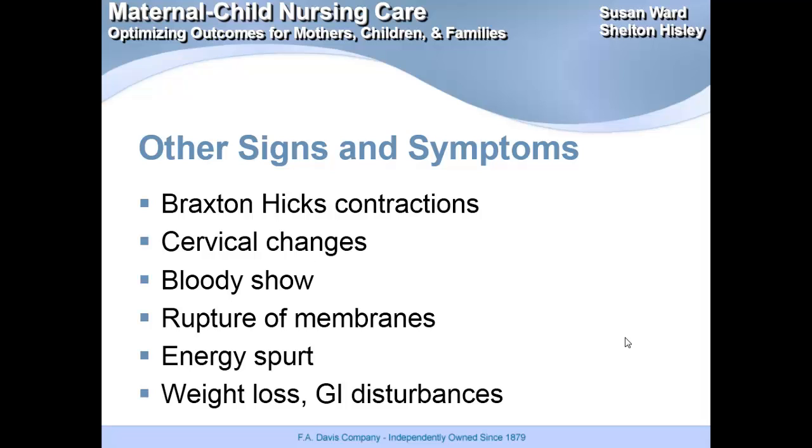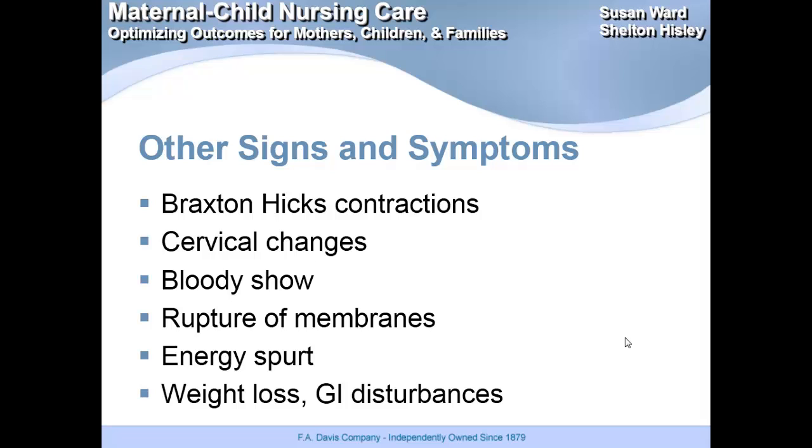Braxton Hicks contractions. These are irregular contractions. They can happen anywhere from 10 to 20 minutes apart. Mom will have increased discomfort. The contractions usually go through the abdomen and groin. But especially for the new mom, somebody who's never had a baby, they might feel like it's true labor.